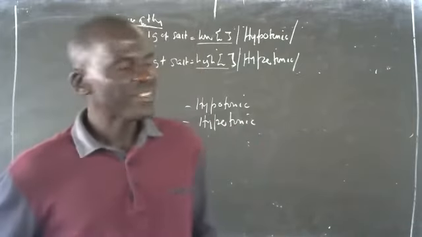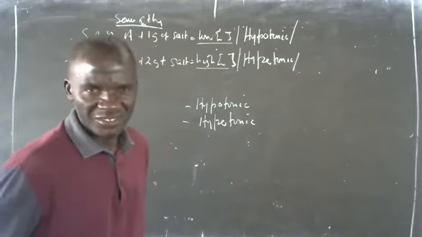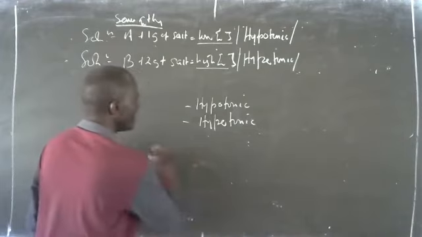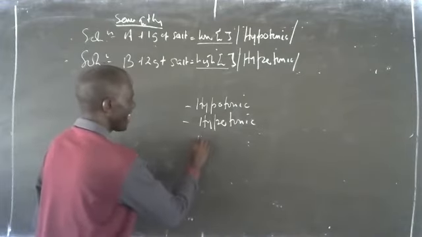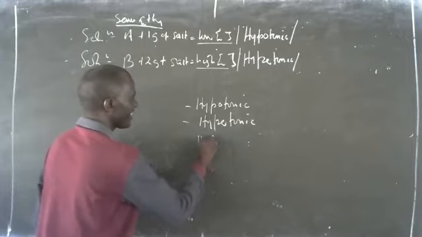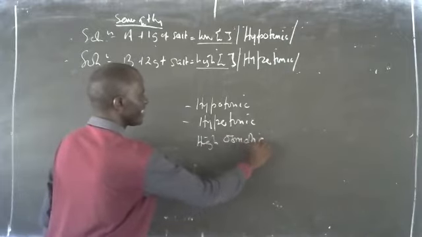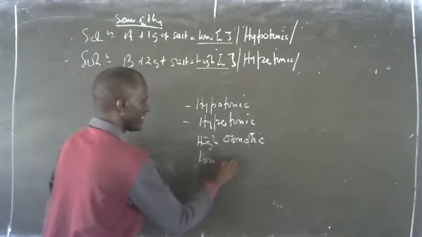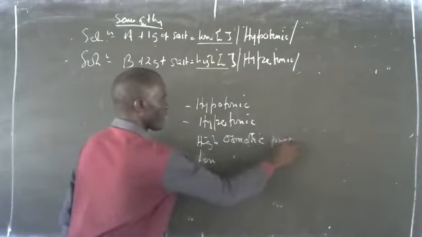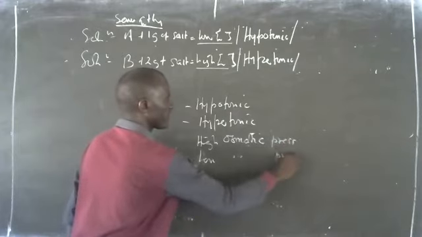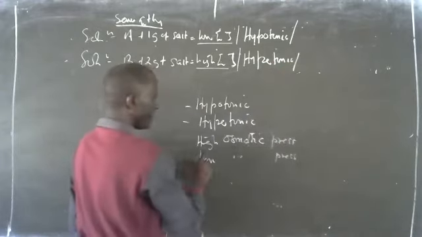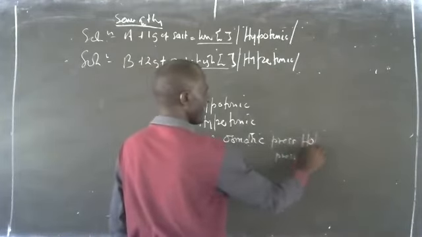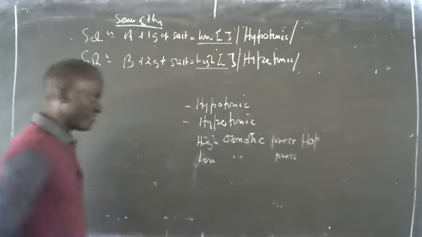If I use the term osmotic pressure, between A and B, if I have high osmotic pressure and then low osmotic pressure, here I can use H of P, I'm abbreviating here.